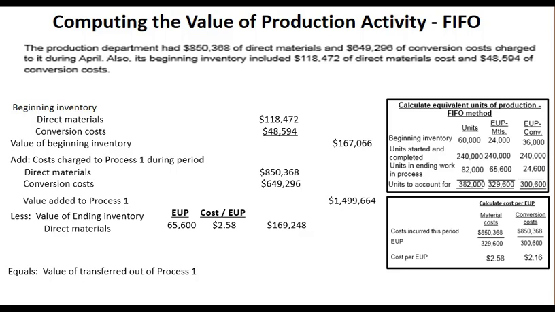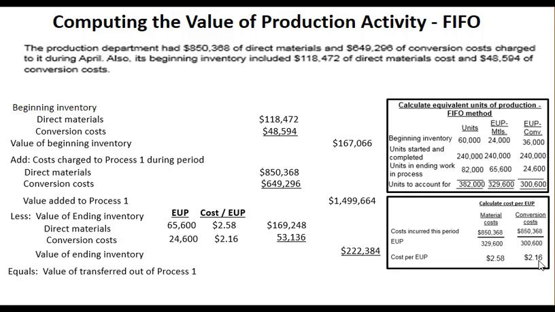What this tells me is I have 65,600 units of effort in my ending work in process inventory. So I take 65,600 EUP times the $2.58 per EUP, and I come up with a value in my ending inventory of direct materials of $169,248.